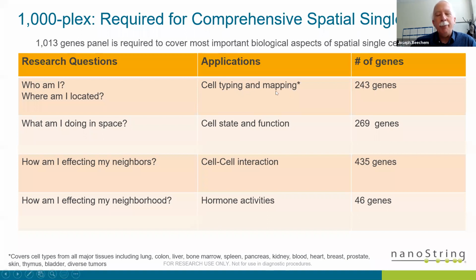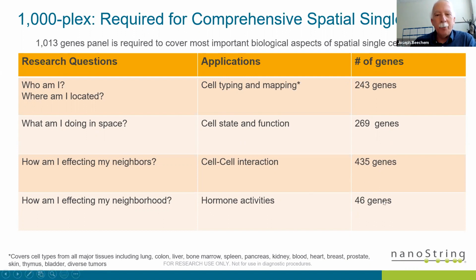Cell typing and mapping only takes a couple of hundred genes. You can map a lot of cell types with that. Cell state and function, we devote about 270 genes to doing that. Cell-cell interaction, we're really interested in the private lives of these cells as they talk to each other. So I really loaded up on all the cell-cell interaction and how the different receptor systems talk to each other and all of that.